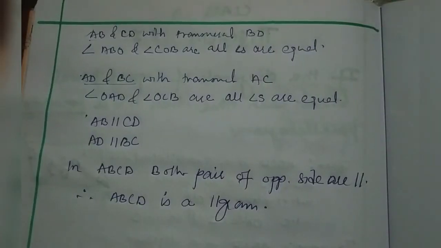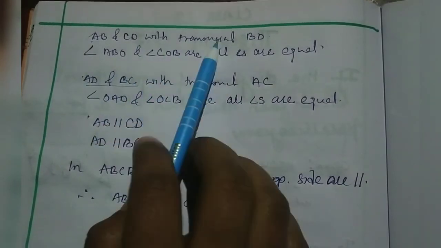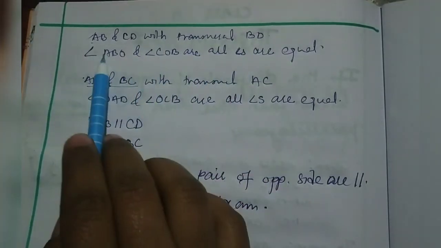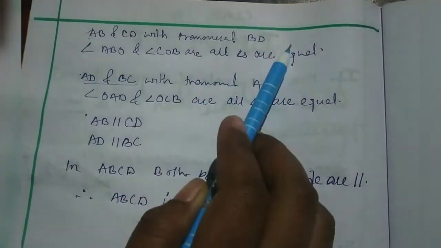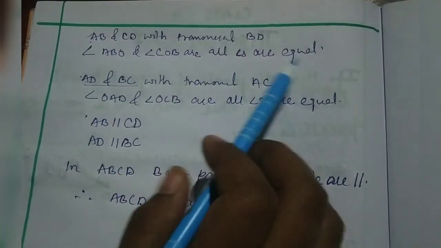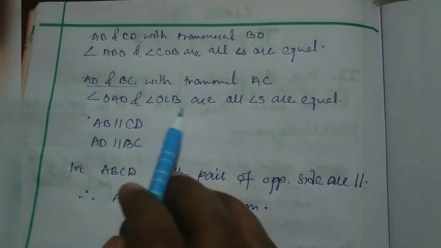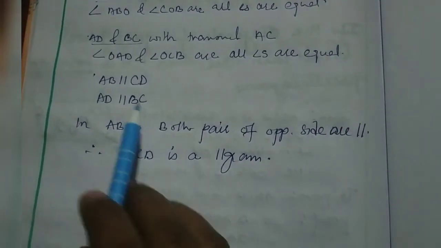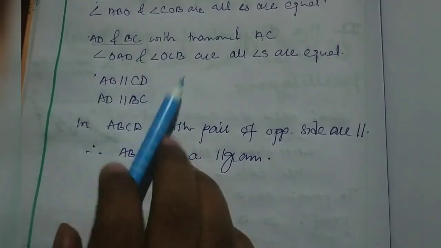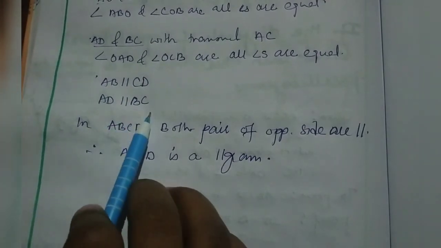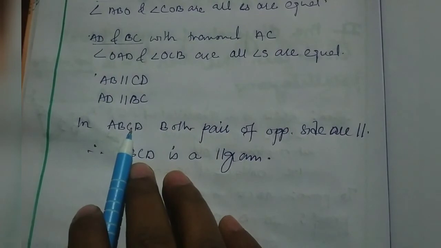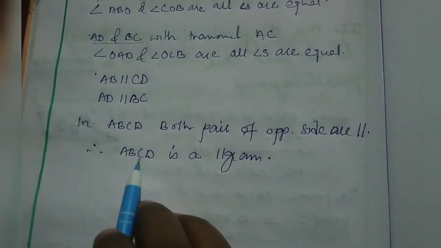With AB and CD and transversal BD, angle ABO and angle CDO are equal, and similarly for the other pair. At last we know that AB is parallel to CD and AD is parallel to BC, so both pairs of opposite sides are parallel in the quadrilateral, and therefore ABCD is a parallelogram.